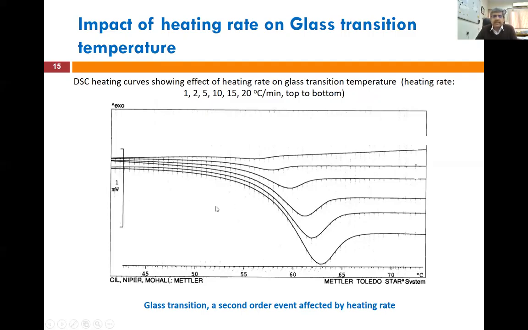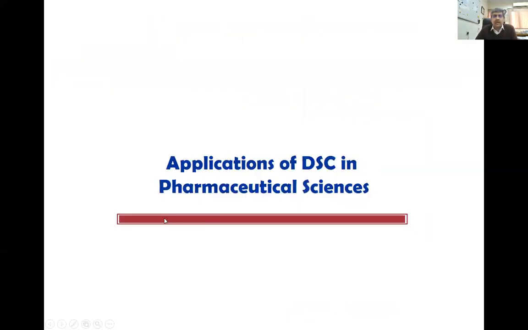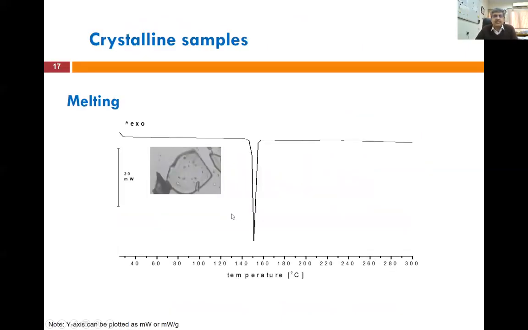Now we come to the applications of DSC in the pharmaceutical sciences. The first, most common or the simplest application is to find out the melting point of a compound.